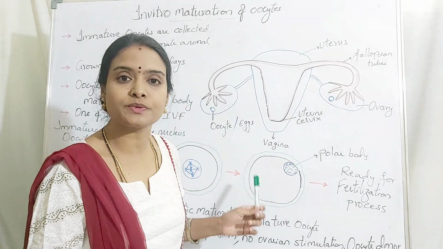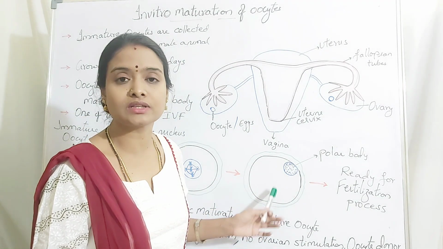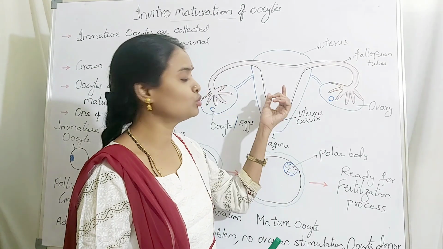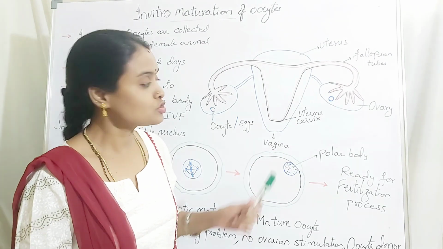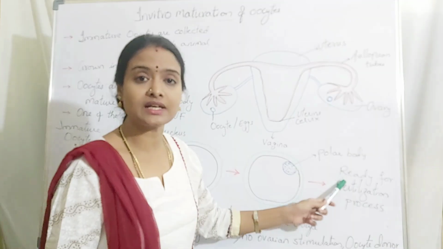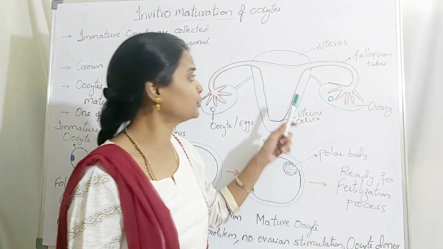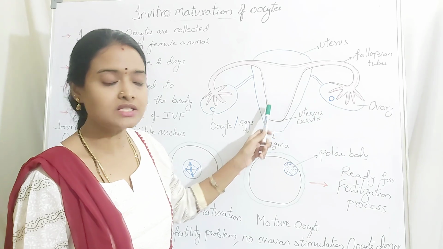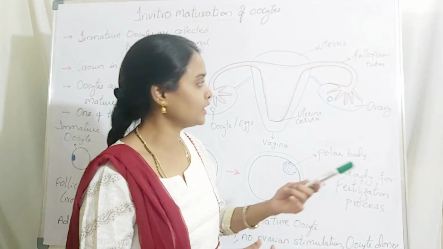Now the sperm cells are allowed to fertilize this oocyte so that it can be implanted into the uterus of the female animal. After fertilization, the zygote you obtain, you either put back into the same female, or you introduce it into another female animal, right?